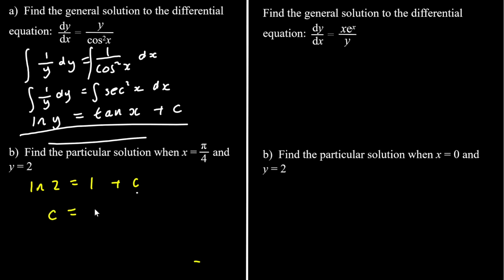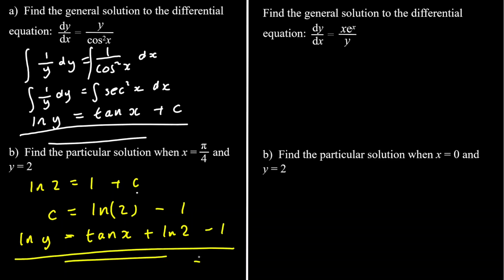So c is log 2 take away 1. So we can just put that back in and say log y equals tan x plus log 2 take away 1. And we haven't got to give our answer in a certain form, so I'll leave it like that.